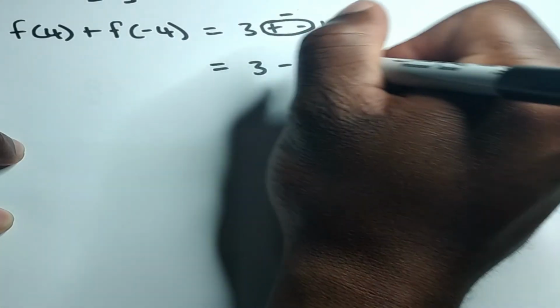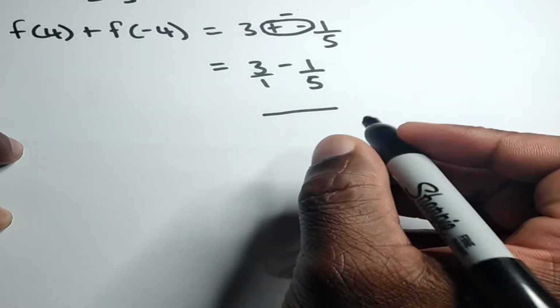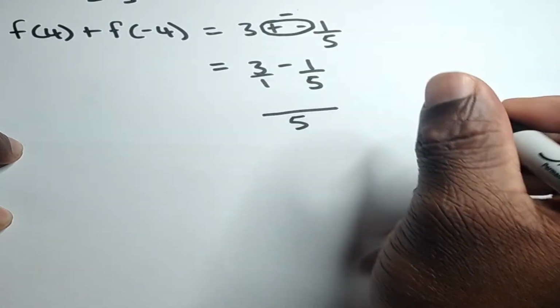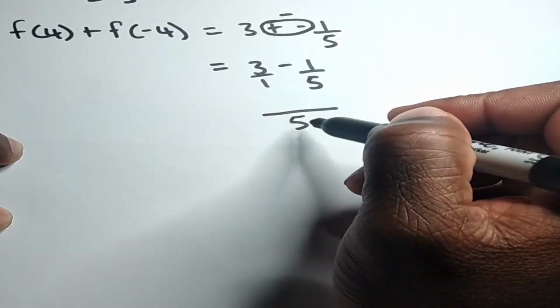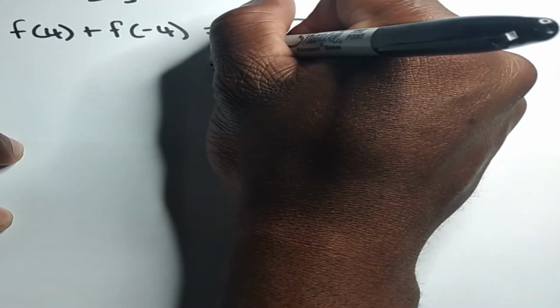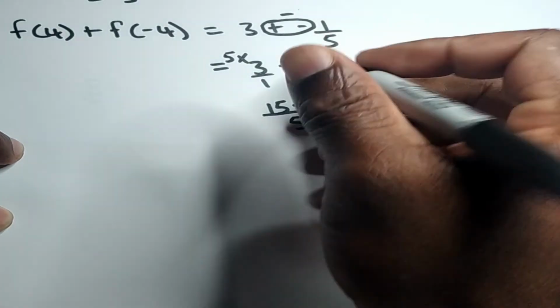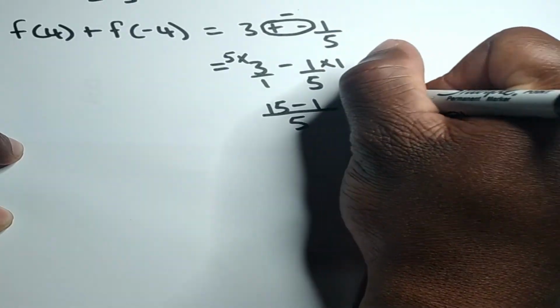Now, this 3 here, I can rewrite as 3 over 1, and we can find the LCM for 1 and 5, which of course is 5. That's the smallest number that both 1 and 5 can go into without leaving a remainder. 1 into 5 goes 5 times, 5 times 3 is 15, minus 5 into 5 goes 1 times, 1 times 1 is 1.